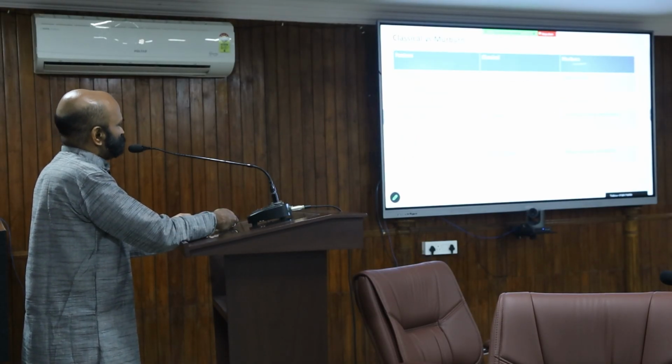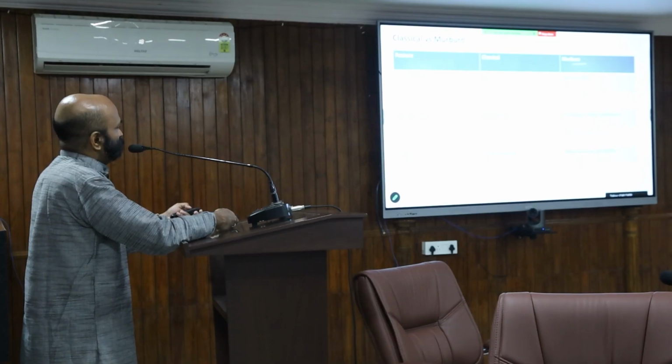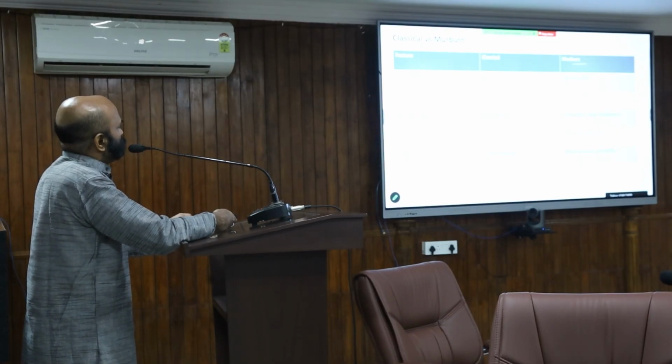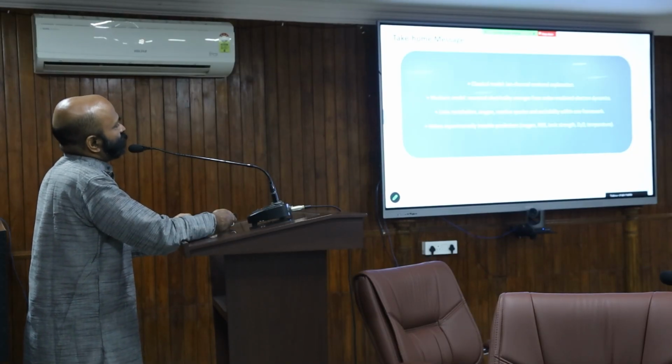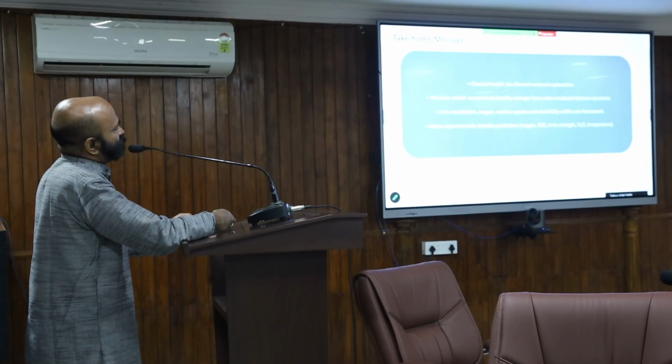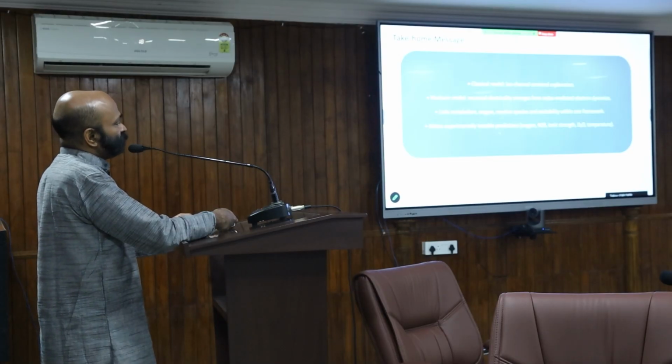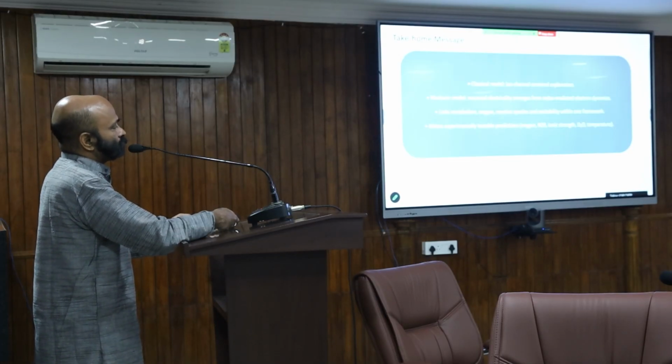So the take home message is, sorry, there was another picture, I made this yesterday night. Something has gone, there was a picture to show you the basic outlay. The classical model is an ion channel centered explanation. In the murburn model, neuronal electricity emerges from redox mediated electron dynamics. It links metabolism, oxygen, reactive species, and excitability within one framework, and makes experimentally testable predictions on oxygen, ROS, ion strength, D2O, and temperature.